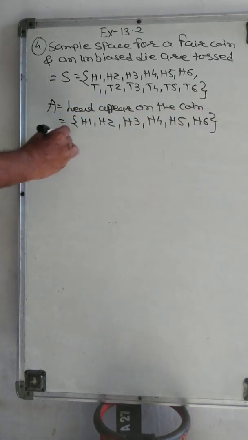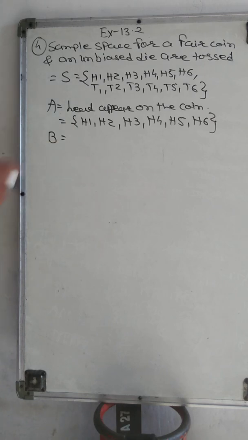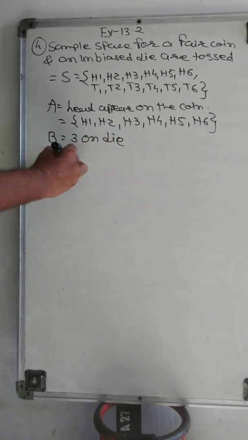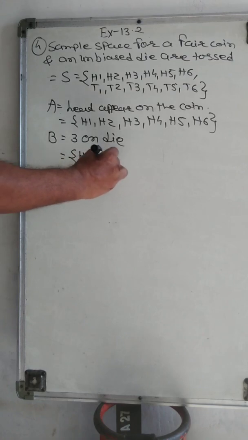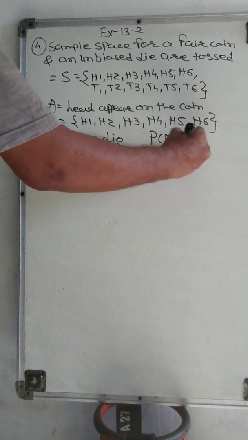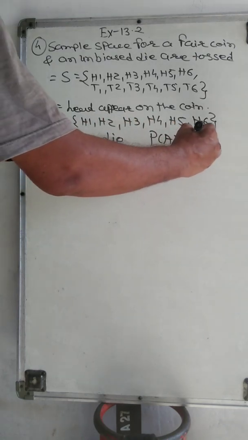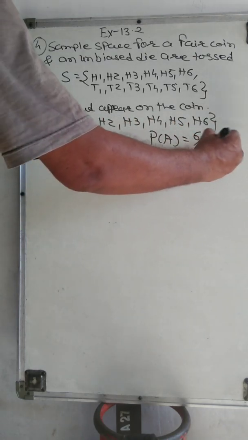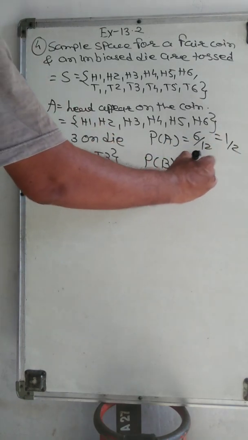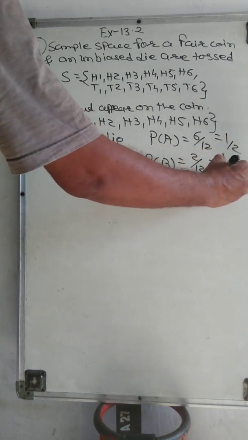And B is the event that 3 appears on the die. Here 3 on the die is two ways, H3 and T3, right? The probability of event A is 6 by 12, which is 1 by 2, and P(B) is 2 by 12, which is 1 by 6.